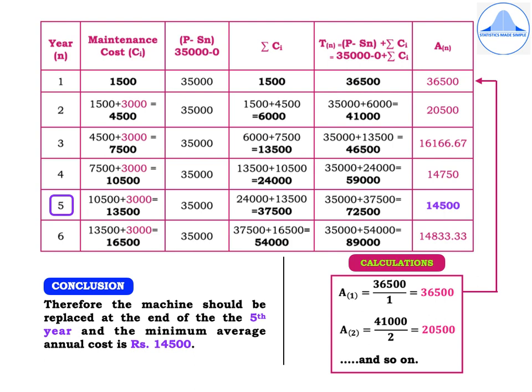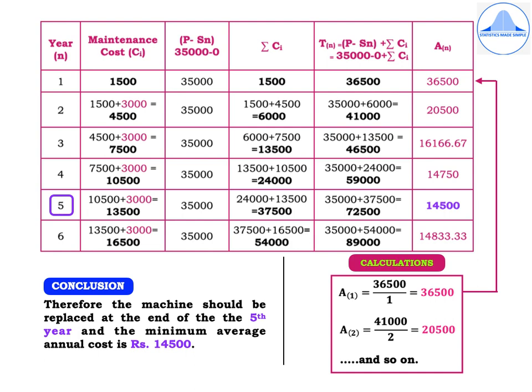Next, let us calculate Tn, which is equal to P minus Sn plus summation Ci, which is nothing but 35,000 minus 0 plus summation Ci. All you have to do now is to add the third and fourth column values. So it is 35,000 plus 1,500 is 36,500.